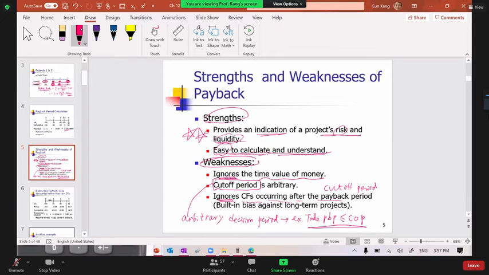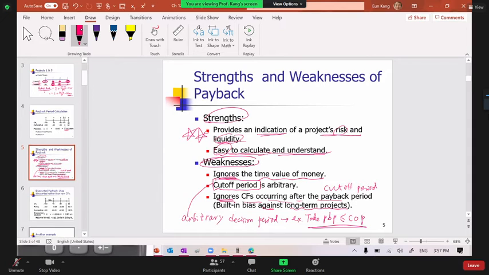Then what? You have a built-in bias against long-term projects. So you tend to take short-term projects. Even though a long-term project is very profitable, you just reject it. So that's not good. That is the bias against long-term projects, and for short-term projects, right? So that is basically the payback period, pretty simple, right?